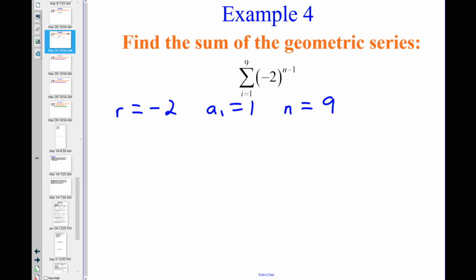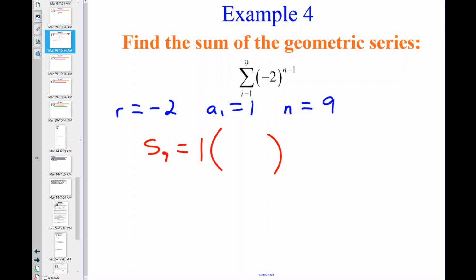And now we can find the sum. The sum of these 9 terms is equal to, what's the first amount? 1. I'll go ahead and do it on this one just because we're still kind of waking up. So I'll go ahead and write the 1. But think about it. There's a parentheses coming next. You don't need a 1 outside of a parentheses. But I'll just do it for this one.